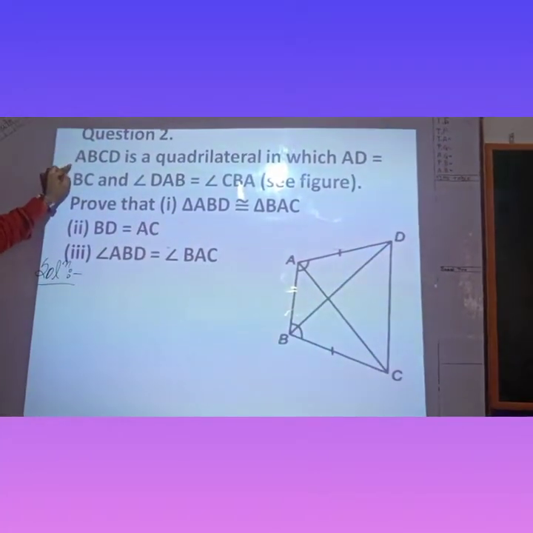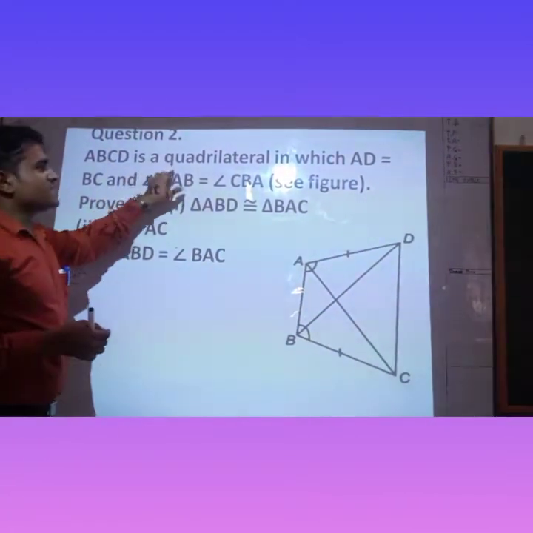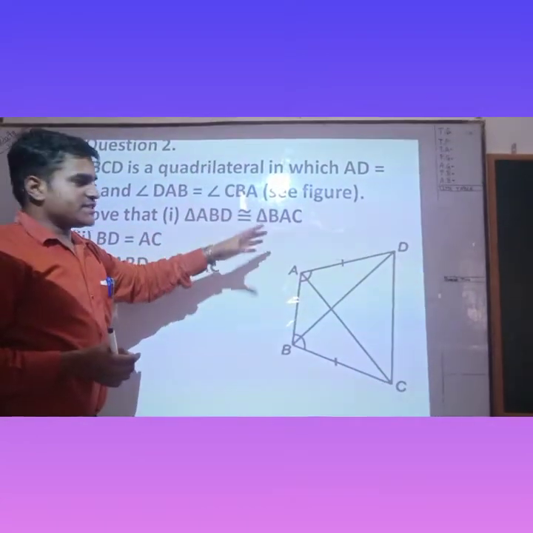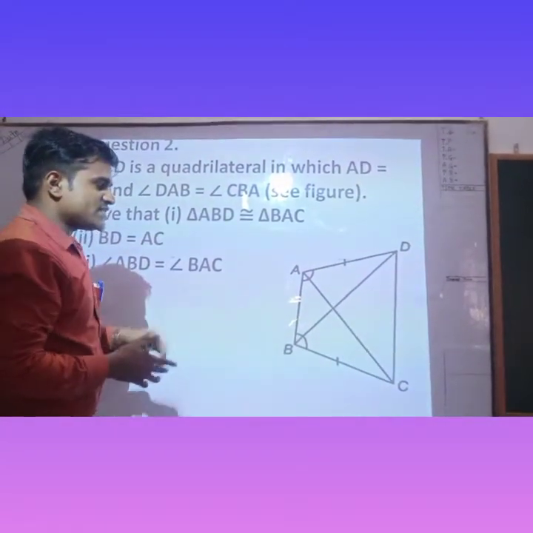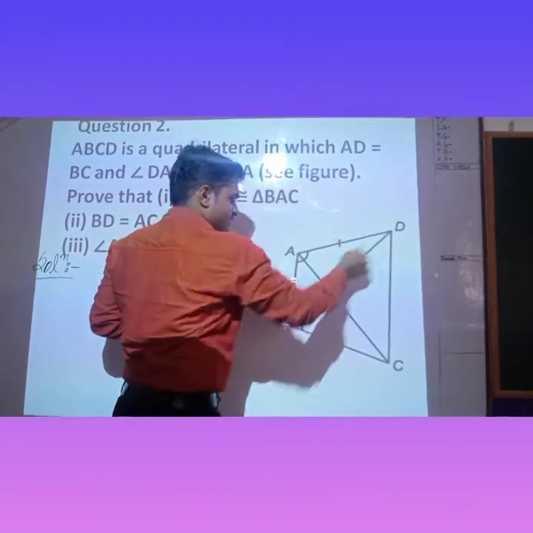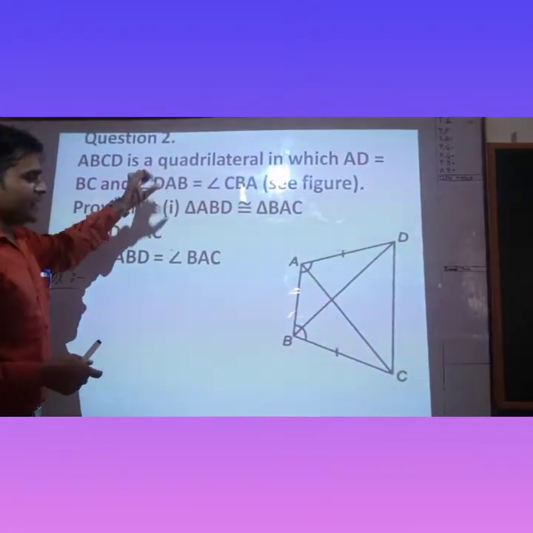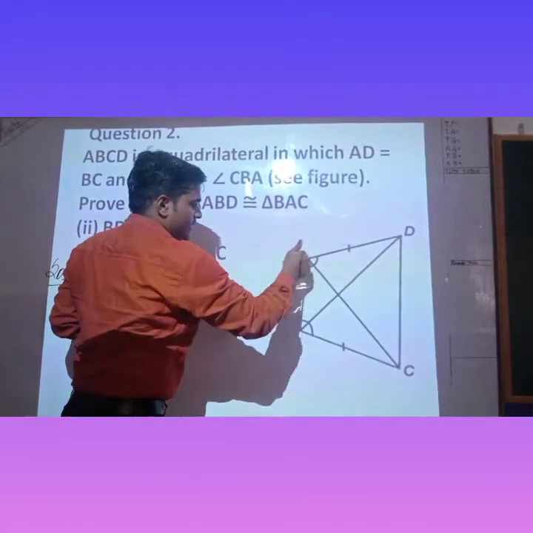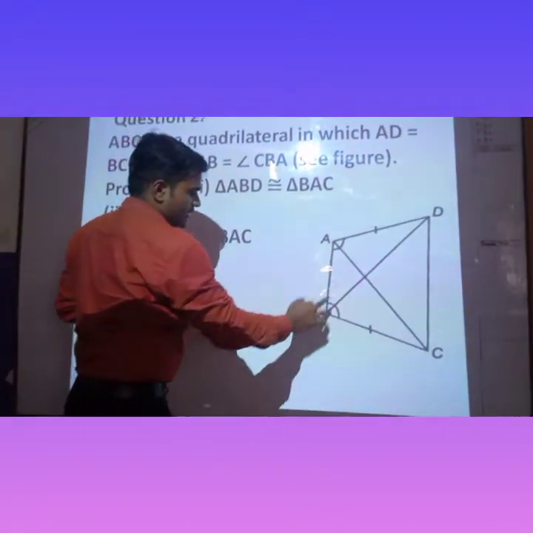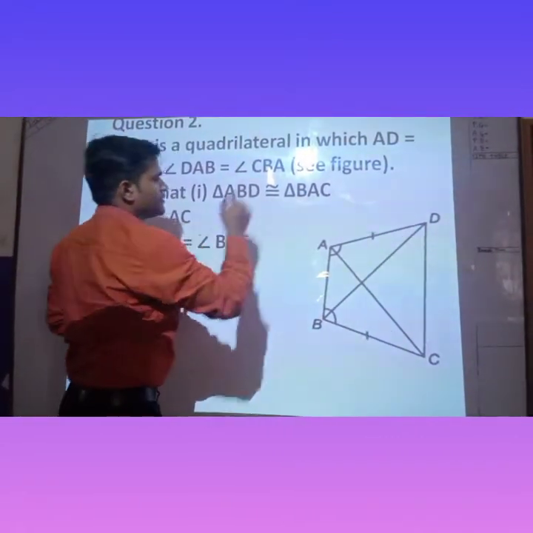Question number 2. ABCD is a quadrilateral in which AD is equal to BC in the figure given, and angle DAB is equal to angle CBA.